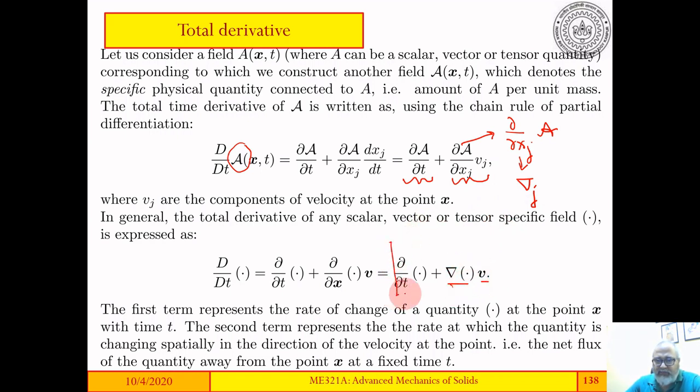So this gives the vector form of the total derivative, and in place of this wildcard, you can put any physical quantity, scalar or a component of a vector or a component of a tensor.